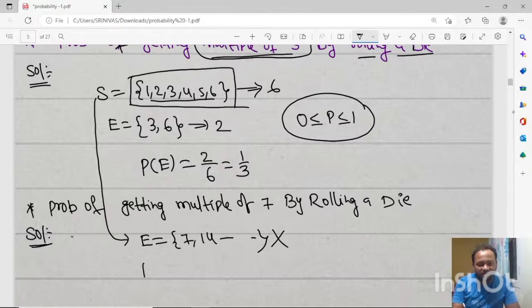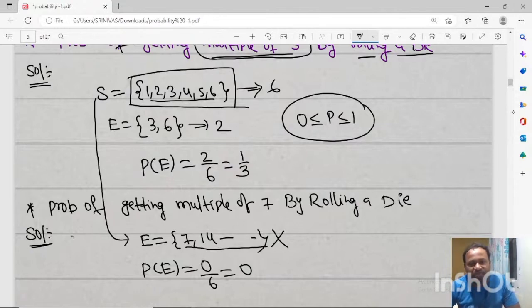That's why the probability of E is equal to 0 out of 6, because there is no common element in this set. So the probability is 0. There is no probability because there is no element which is a multiple of 7 in the sample space here. Understood?